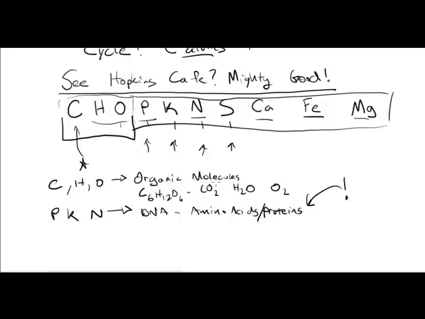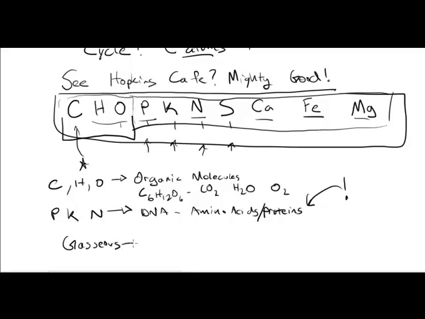And out of all of the whole collection, the only ones that exist in a gaseous state, that means these are the only ones that can be delivered by air, are carbon, hydrogen, oxygen, and nitrogen. The others all have to be taken in by plants dissolved in water. And so these can be taken in by plants through the air, but everything else has to be consumed by plants.